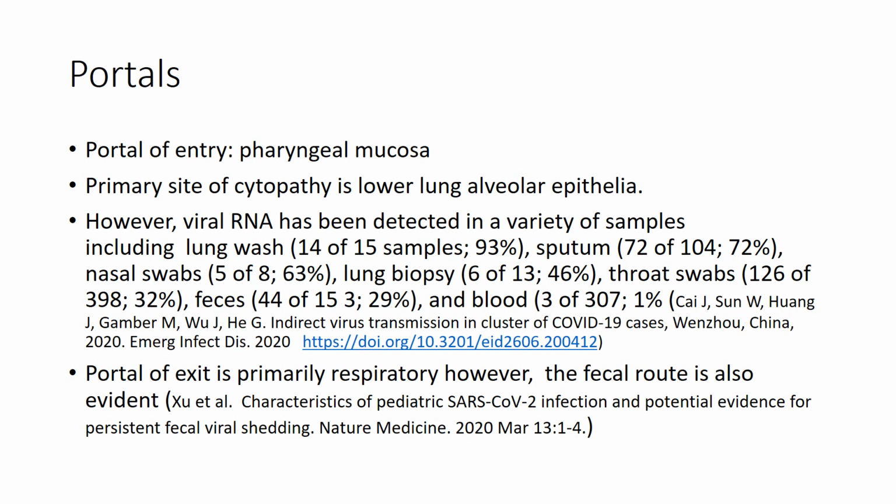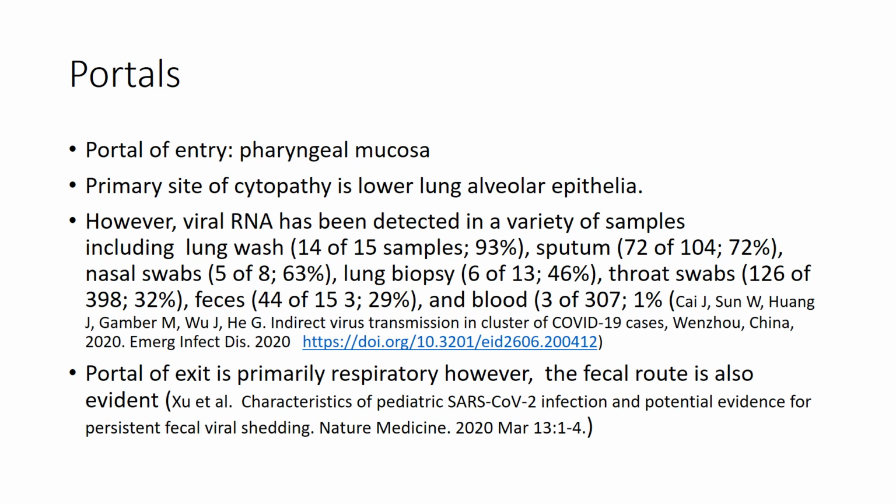So in this sample of patients, they found 14 of 15 have RNA virus, which means the virus is present in 93% of the cases. In sputum, 72%. In the nose, in lungs on biopsy, in other words, you take a sample of the tissue, 46%.